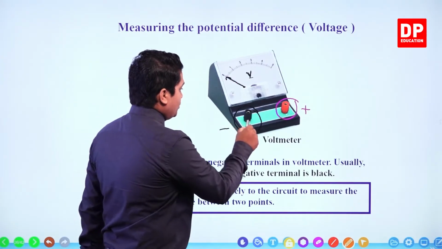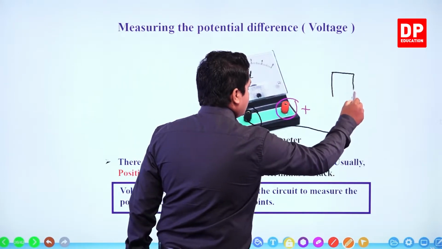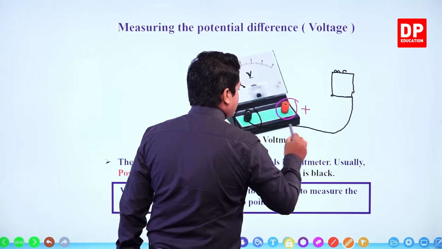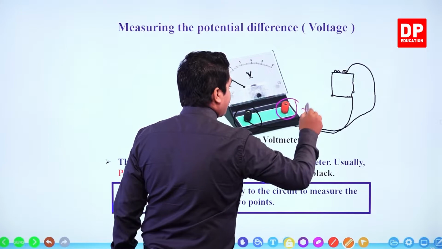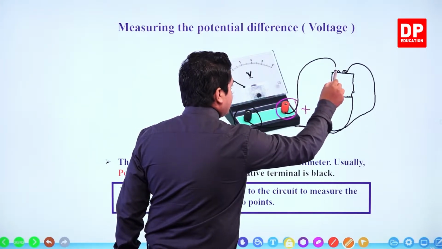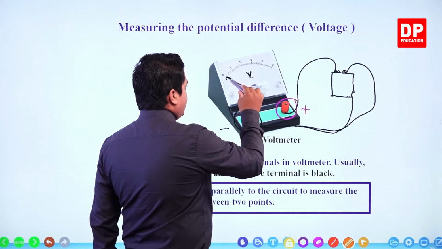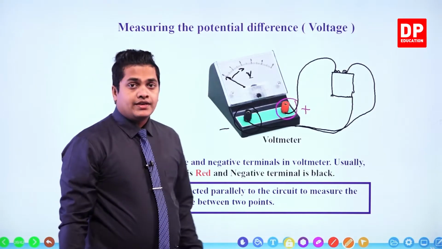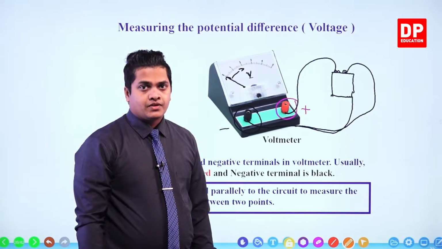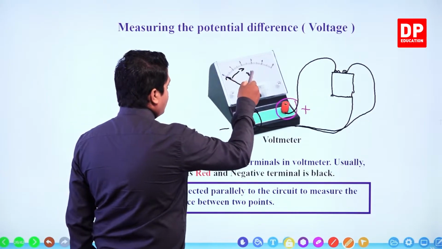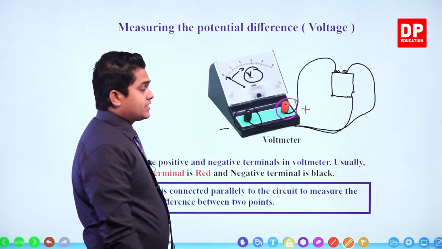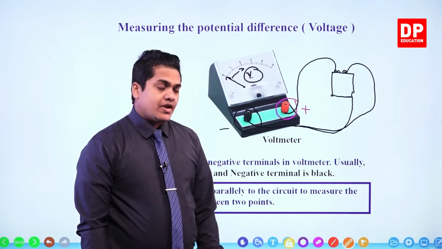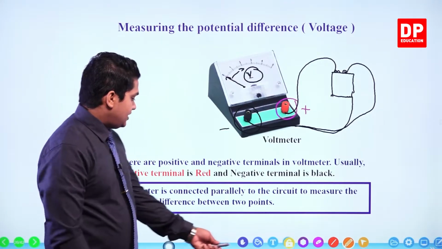So when you connect these two terminals to a certain electric source like this, this reading will move to indicate the amount of voltage in it. So here the scale on the voltmeter is marked in volts.